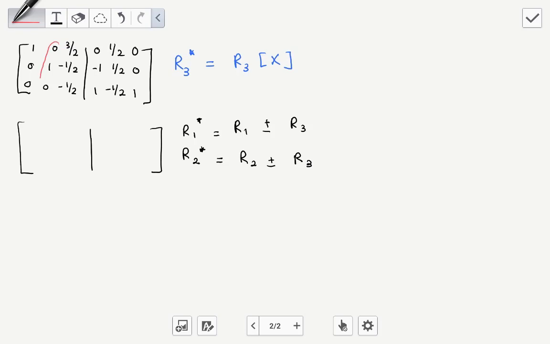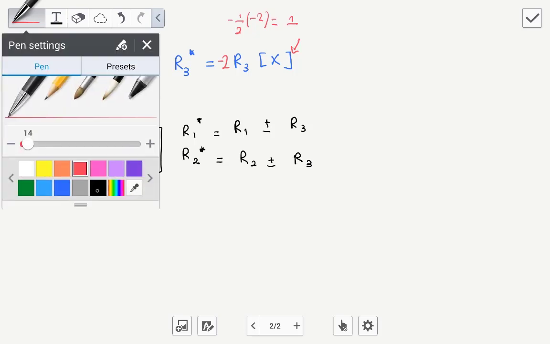So we have managed to change this to 0, 1, 0. Now our focus is on column 3, starting with the element that we're going to change to 1. So we have to think what multiplies with negative 1 over 2 will give you 1. So you can only use the operation multiplication here. So we're going to multiply with negative 2. So this will give you 1. So this is going to be R3 is negative 2 multiply R3. So there's no changes in R1.